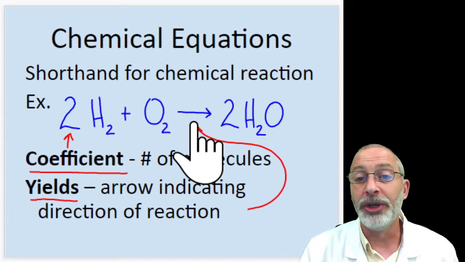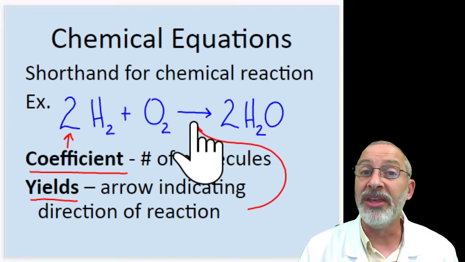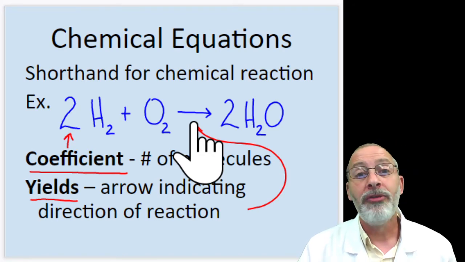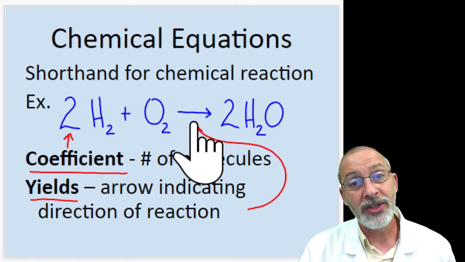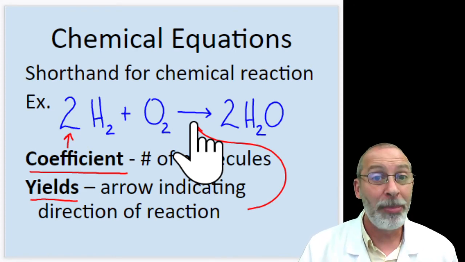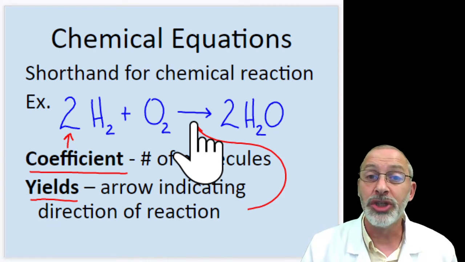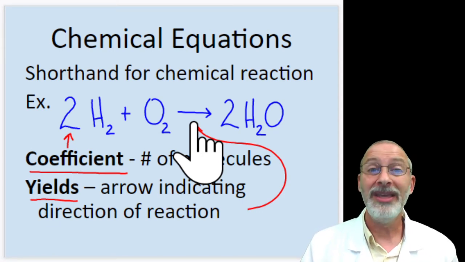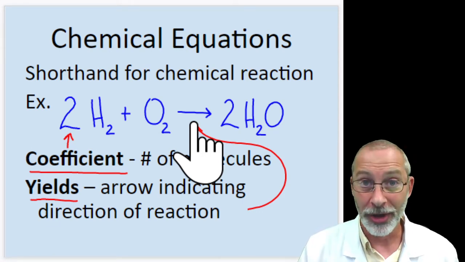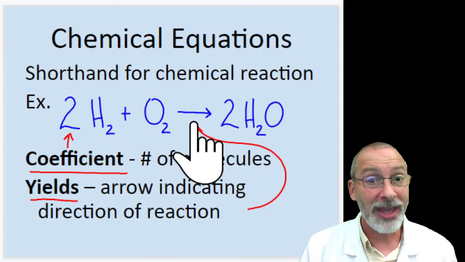This particular equation is showing us how to build water from hydrogen and oxygen. But if this arrow were in the opposite direction, it would show the chemical equation for chemically separating water into hydrogen and oxygen. And guess what?